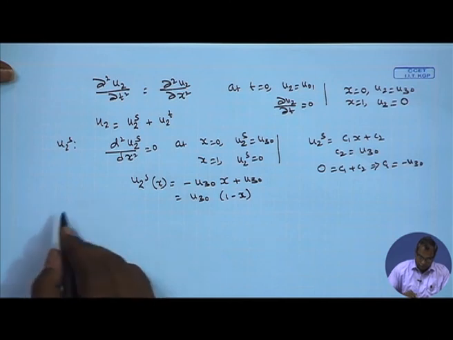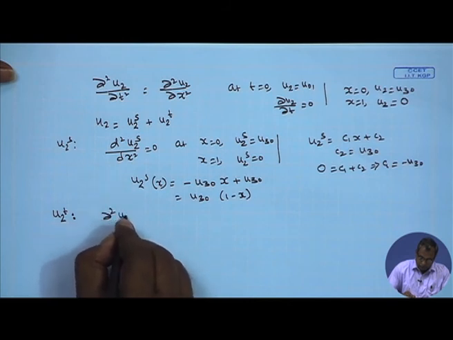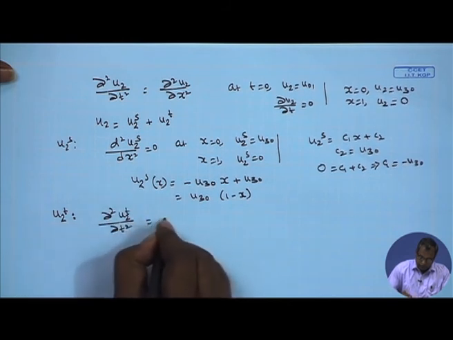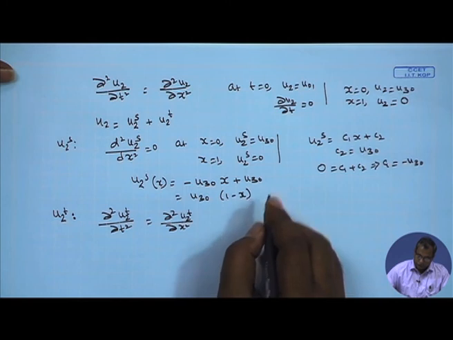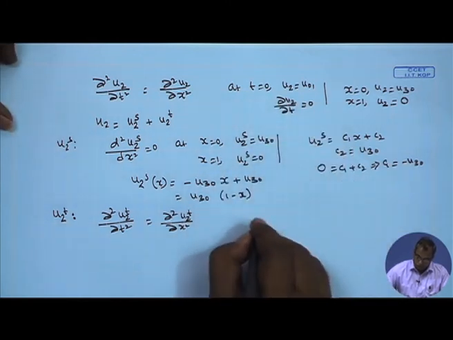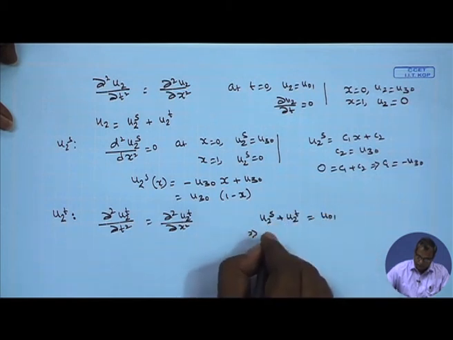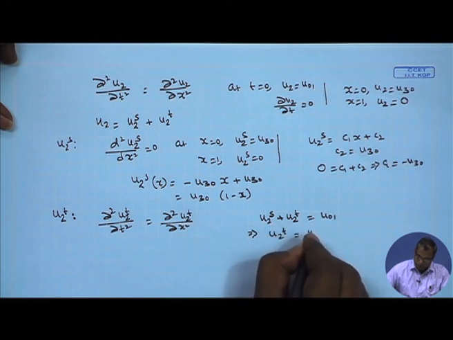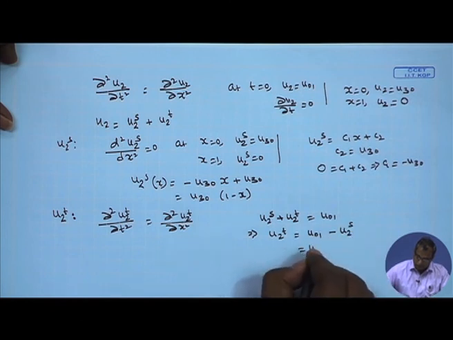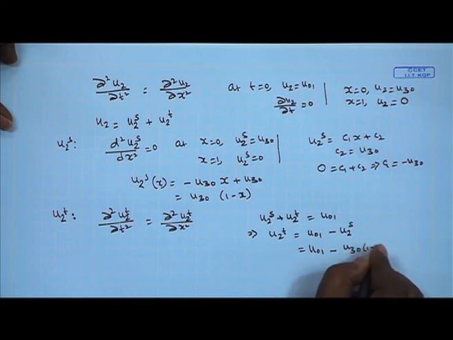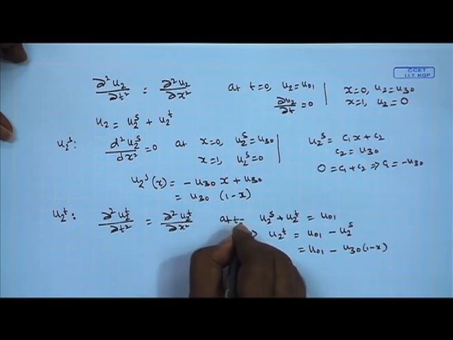Therefore, we can look into the governing equation of u2t. del square u2t del t square is equal to del square u2t del x square. At t is equal to 0, u2 is equal to u01. So, this will be u2s plus u2t is equal to u01, and u2t will be nothing but u01 minus u2s, that is u01 minus u3 naught into 1 minus x, at t is equal to 0.